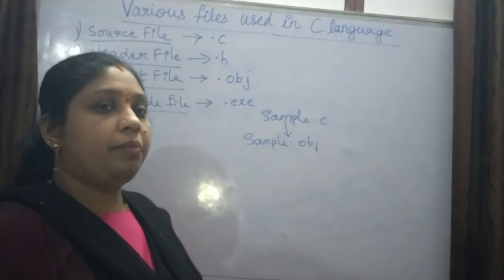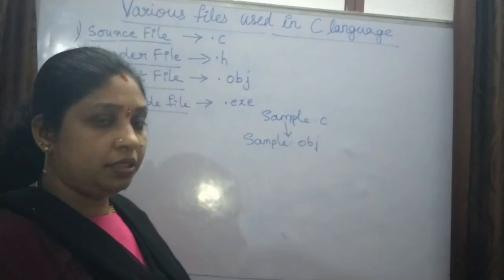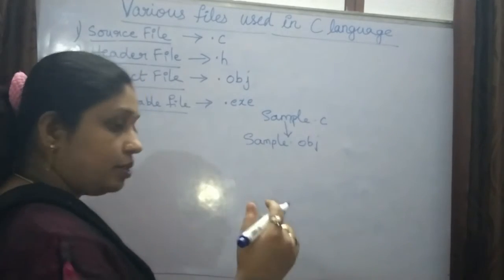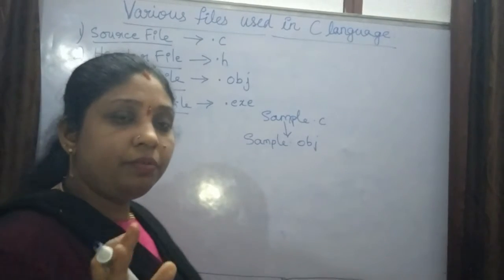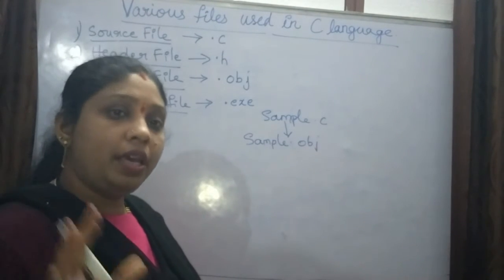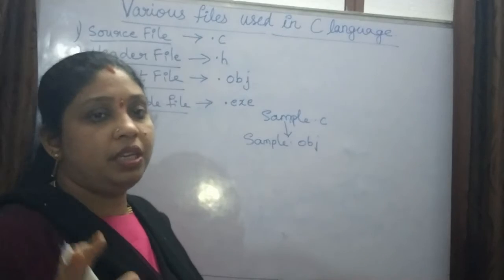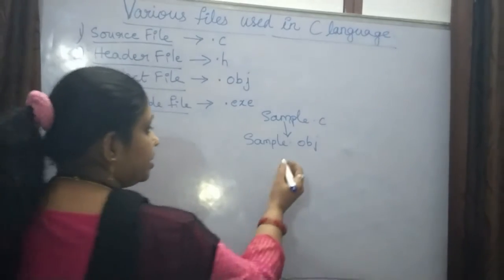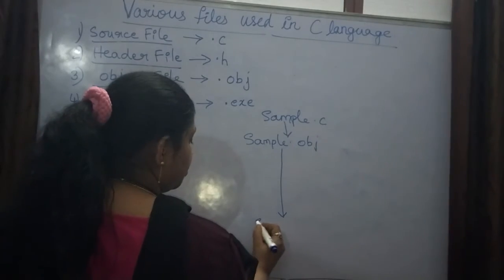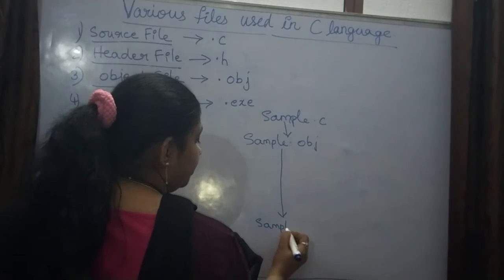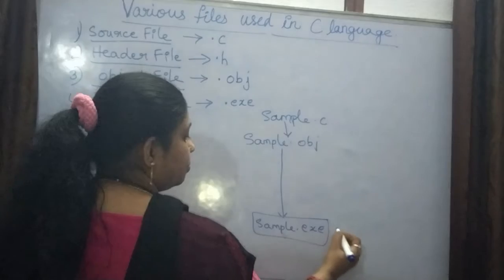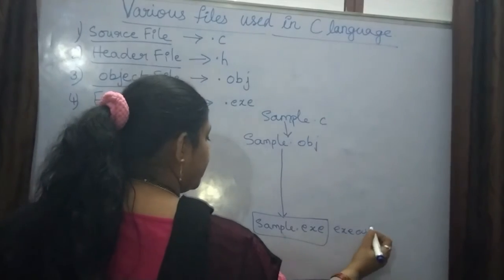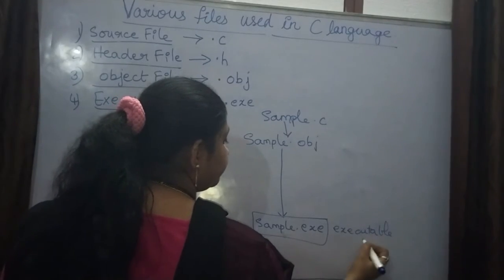Now this sample.obj file, that is the object file, has to be converted to the exe file. Then only will the program execute. Now how does it happen? When does this change to sample.exe, the executable file? I will explain.